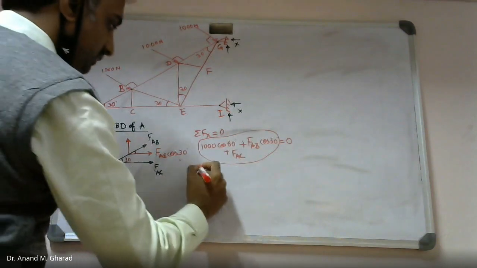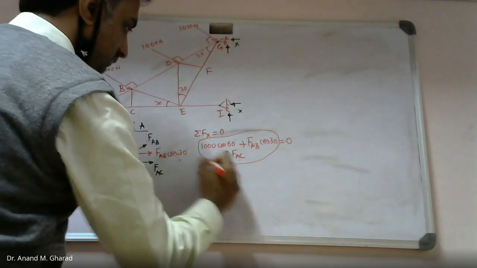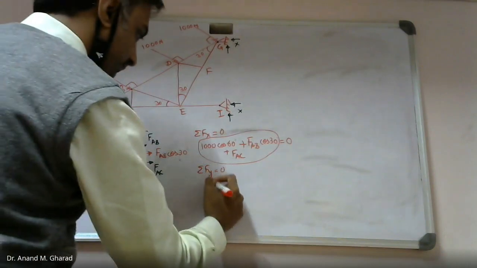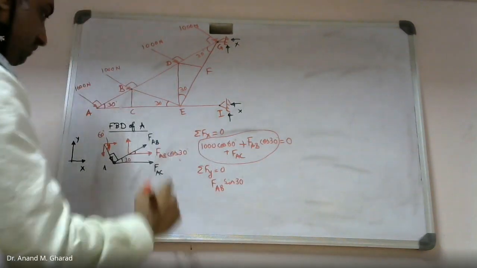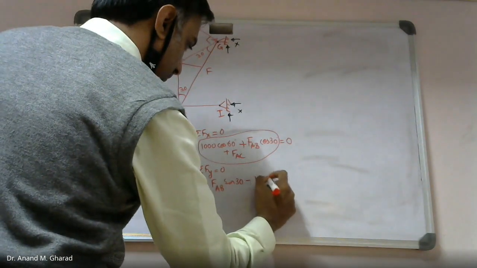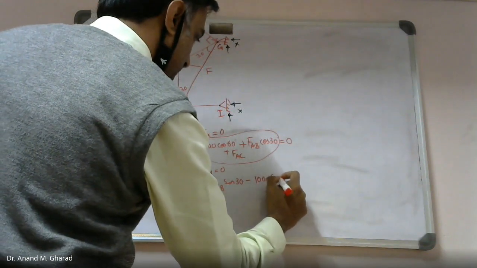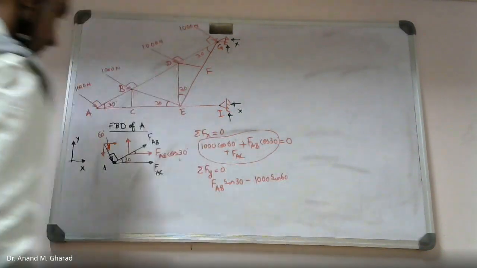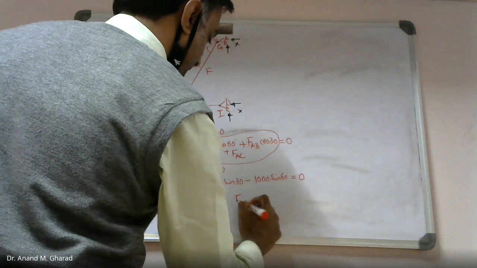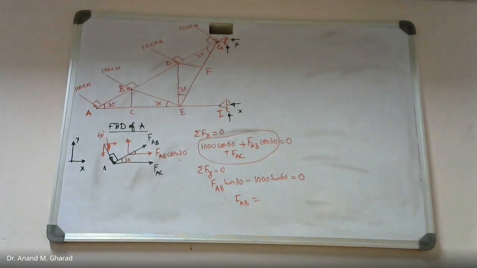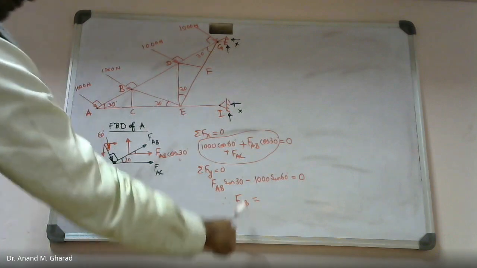Two unknowns are there. Let us find out with the help of this equation Fy equal to 0. FAB sine 30, which is positive, minus 1000 sine 60, okay, equal to 0. And therefore, FAB, how much does this come out to be? Please let me know what is the value of FAB.